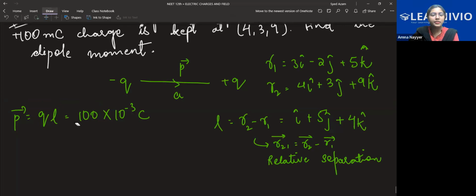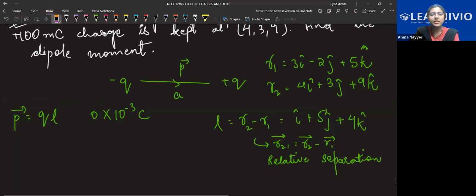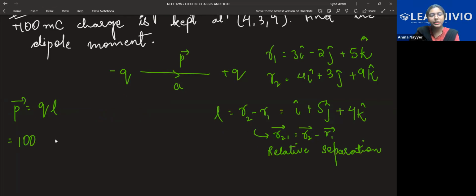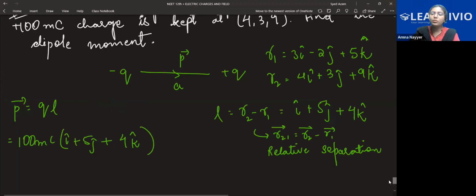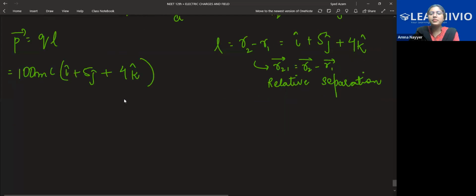Now Q is there. Let me rewrite it. So we know Q is given as 100 millicoulombs. So this will be 100 millicoulomb, we'll write it. And this is i cap plus 5j cap plus 4k cap. So now what do we do? We take out the magnitude of it, because this is not how we answer.